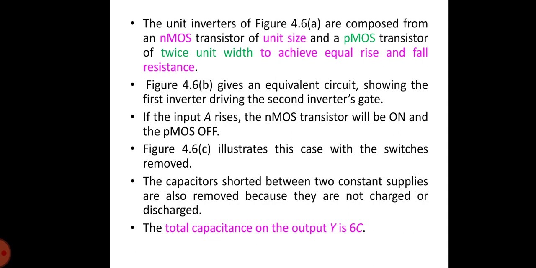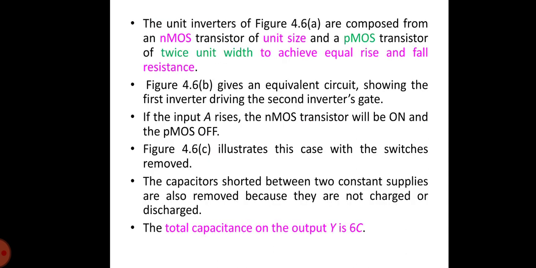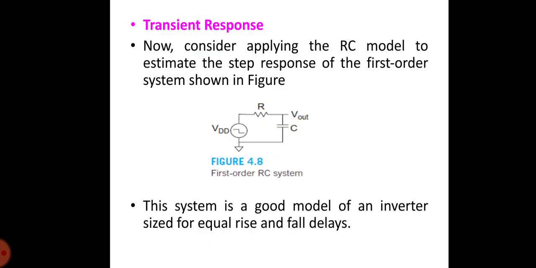If the input A rises, the NMOS transistor will be on and the PMOS off. The next diagram shows the case where switches are removed. The capacitors shorted between the two constant supplies are also removed here because they are not charged or discharged. The total capacitance on the output Y is 6C.